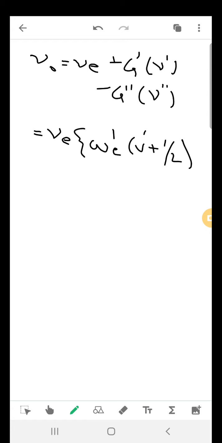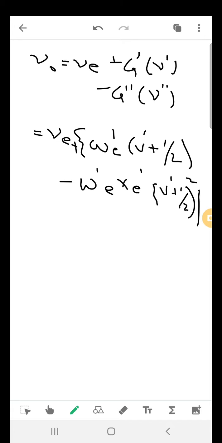This corresponds to your G'(v'), minus ωe'xe'(v' + 1/2) whole square.